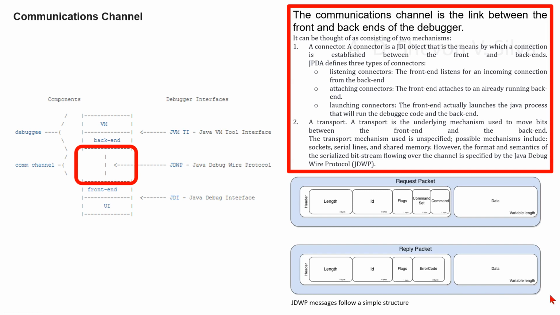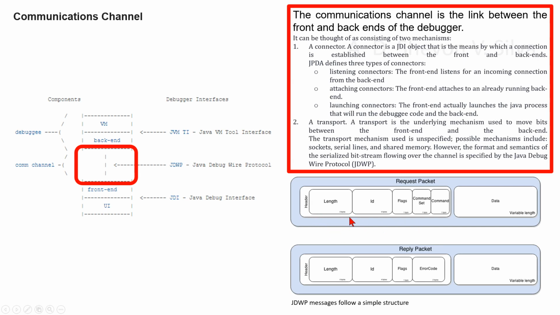All fields and data sent via JDWP should be in big endian format. The first three fields are identical in both packet types. Shared header fields: Length.